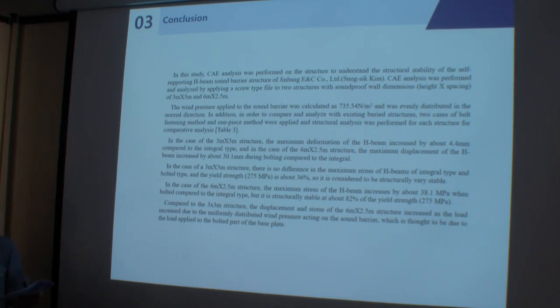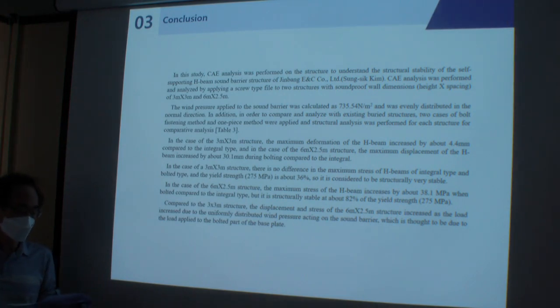In this case, the CAE analysis was performed to understand the structural stability of the self-supporting H-beam sound barrier structure of the company. CAE analysis was performed by applying the screw type structure and soundproof wall dimensions of 3 by 3 and 6 by 2.5 meters.